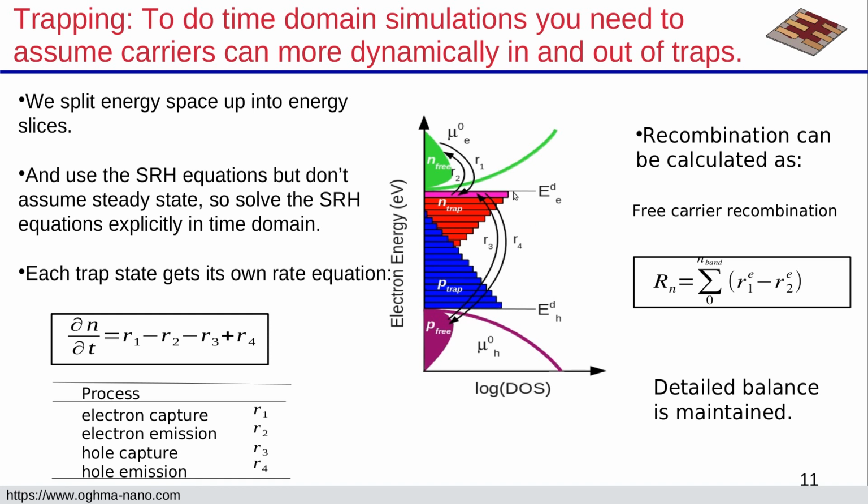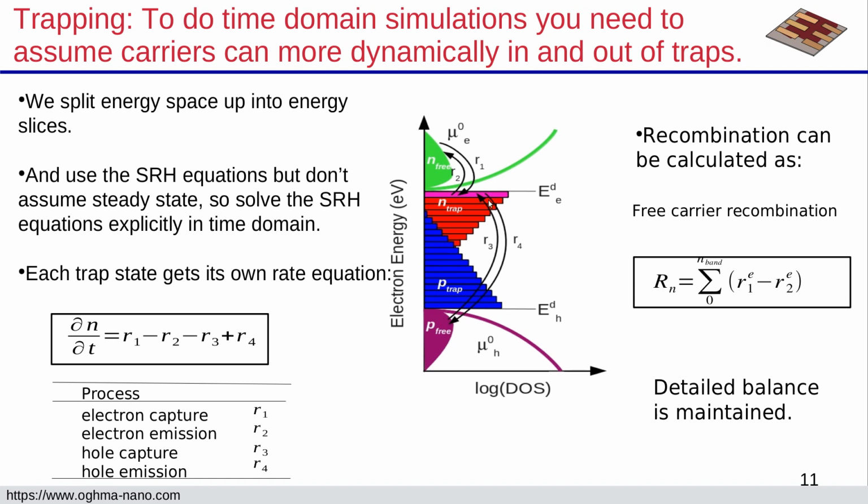And the model breaks up the energy space into different trap states. So here we've got probably about 20 different trap states. So 1, 2, 3, 4, 5, 6, 7, 8, 9, 10, 11, 12, I don't know, 20 or so trap states. And for each one of these trap states, you solve this trapping escape equation. Basically, you're accounting for electrons getting trapped, electrons getting free, and then into the same trap state, holes getting trapped and holes getting free.